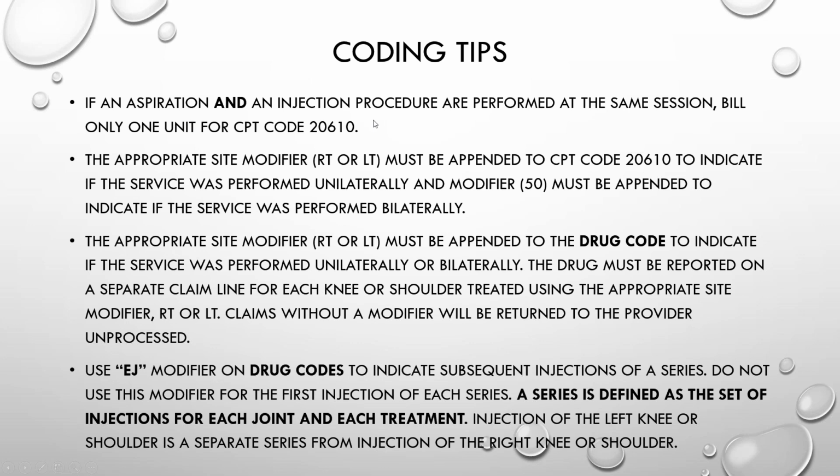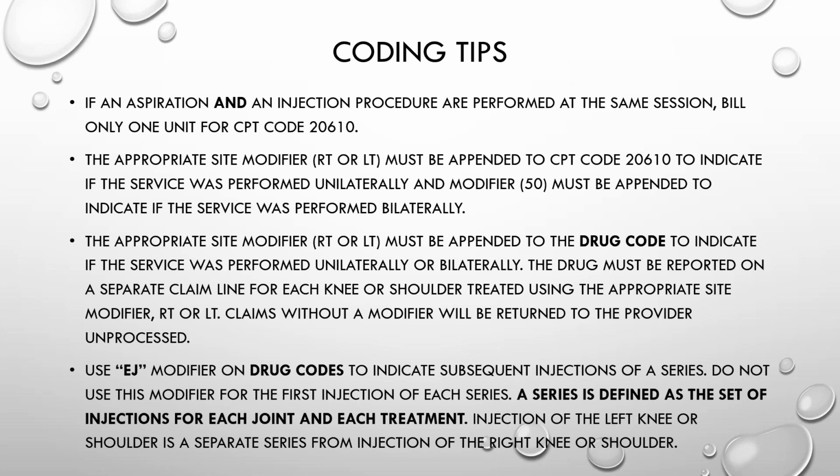So some more coding tips on these arthrocentesis procedures. If an aspiration and an injection procedure are performed at the same session, bill only one unit for CPT code 20610. So let's say the doctor wanted to do the injections on both knees. You would only bill one code, 20610, and then use the modifier 50, which would be bilateral procedure.